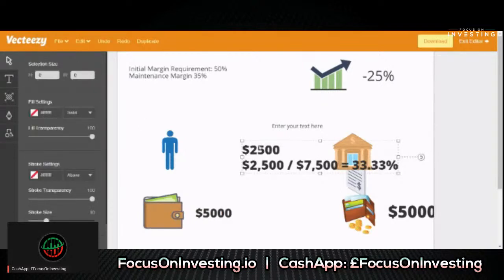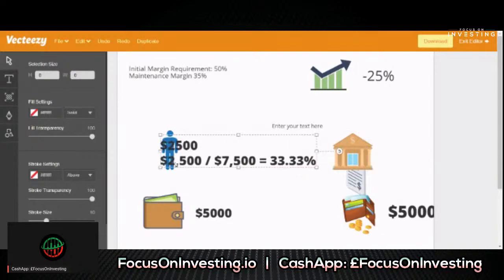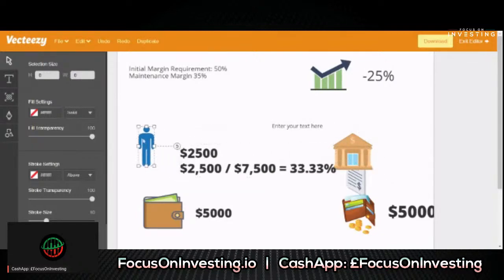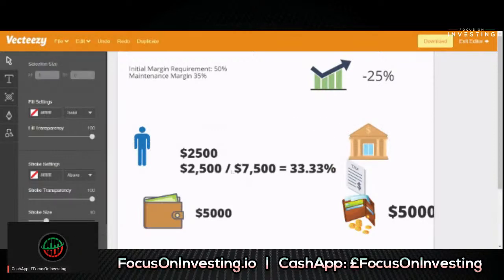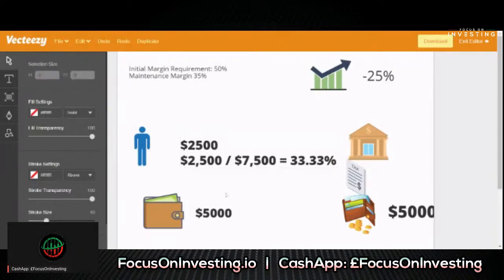Okay, so this is how much equity we have in the trade, right? Let me move this so it's a bit clearer for people. We have 2,500 equity in the trade, but the total value of the trade is currently 7,500.